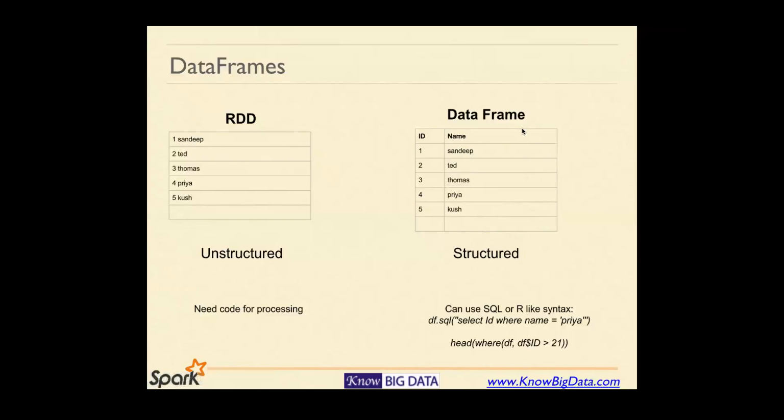So a data frame is more like a database table, which has rows and column names. Although it's just a thin layer over RDD, in an RDD we had no clue about the column names, and the data was not necessarily an array. It could be a large object. But in a data frame, we have a surety that it is made up of an array of values.